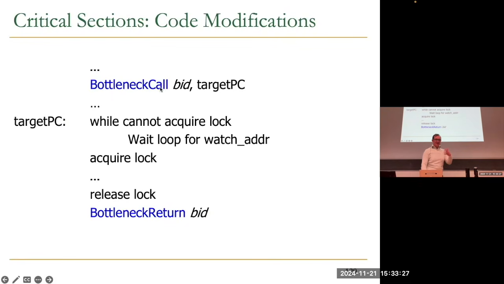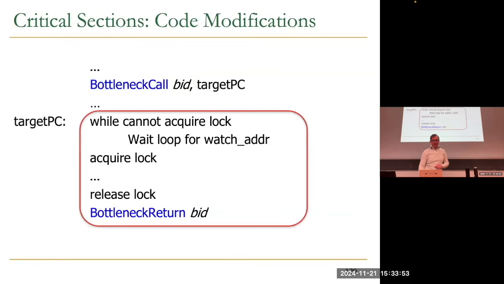You don't necessarily have to, but to make things easier, you outline it using a bottleneck call. Essentially, we're going to associate a bottleneck ID with each critical section. We call the bottleneck, the code remains the same, and then we do a bottleneck return. Sounds nice, right? This way we can give an identification for every single bottleneck in a program.